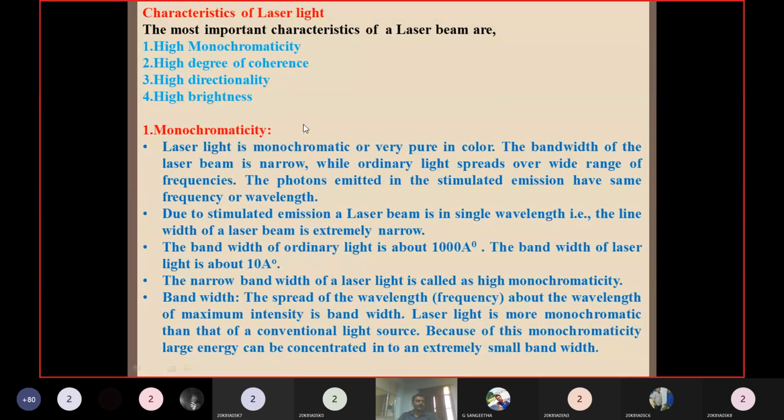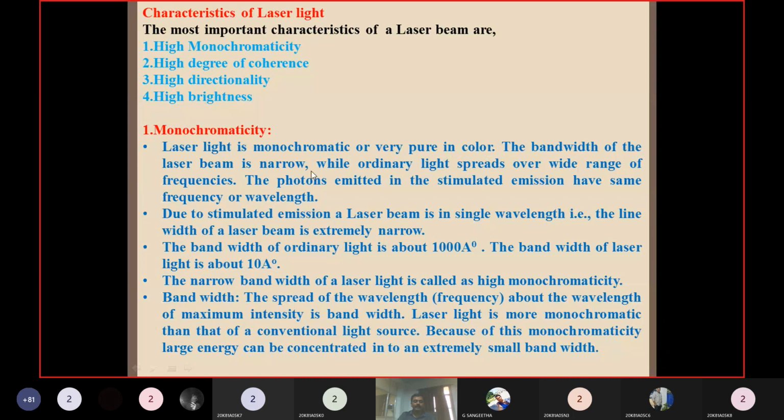Compared to normal light, suppose you take sodium light, which I already said is monochromatic. Compared to sodium light, laser has high monochromaticity. Why is it high? I will explain. Laser light is monochromatic, very pure in color.